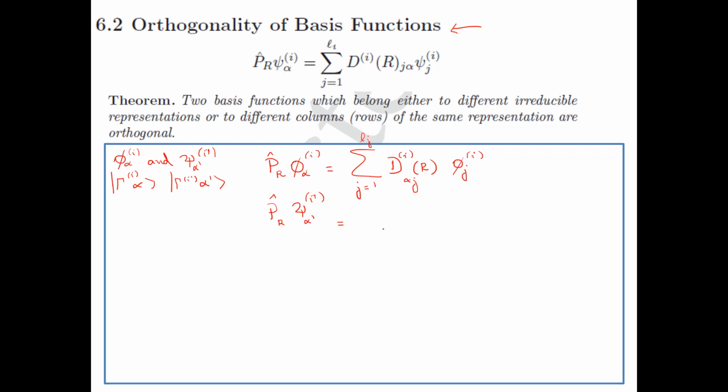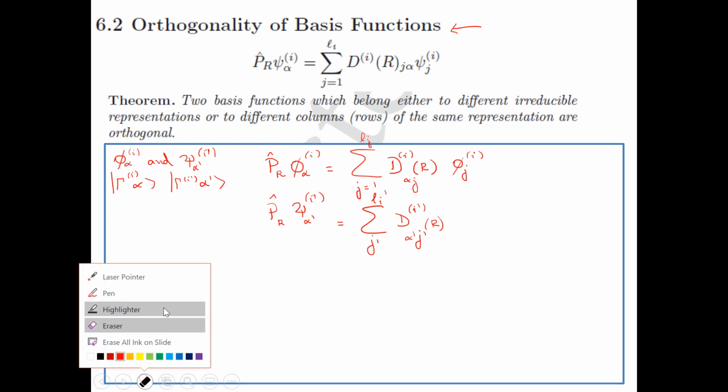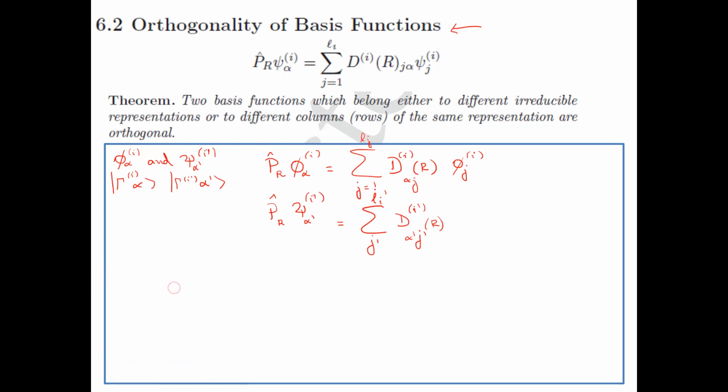This is equal to the sum for j prime to Li prime of d I prime of r, and this is alpha prime j prime, psi, all the other partners, psi j prime of representation I prime. All right.